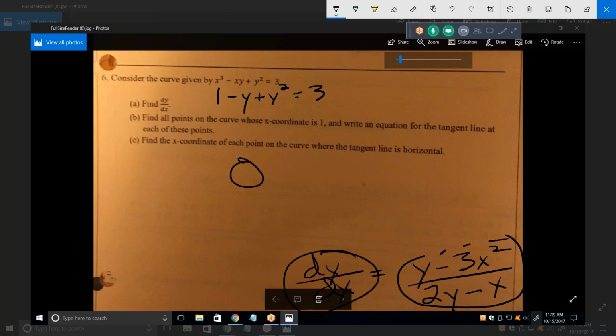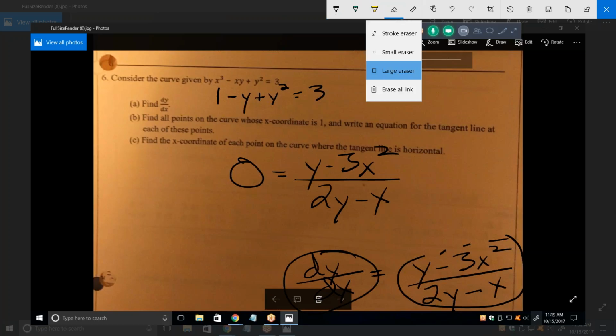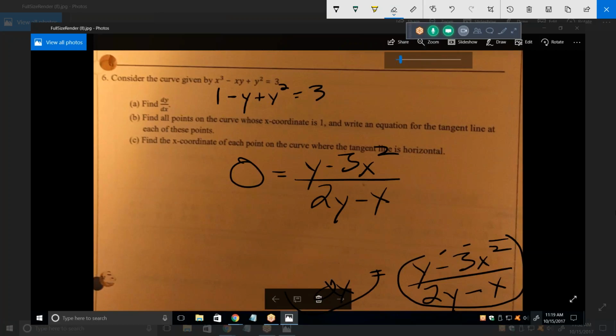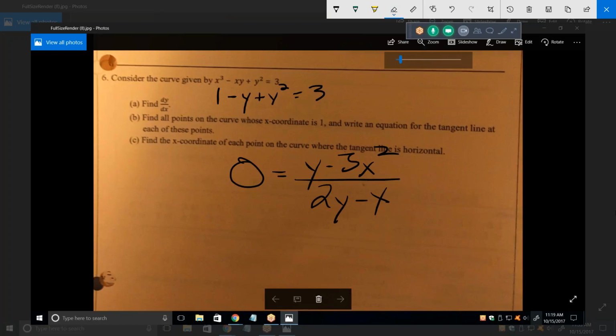So I'm going to solve this equation. There's the derivative. They're asking where is the derivative equal to 0. Now, when you have 0 equals a fraction, there's only one way it's equal to 0, and that is if the numerator is 0. So I can basically erase the denominator and solve that.